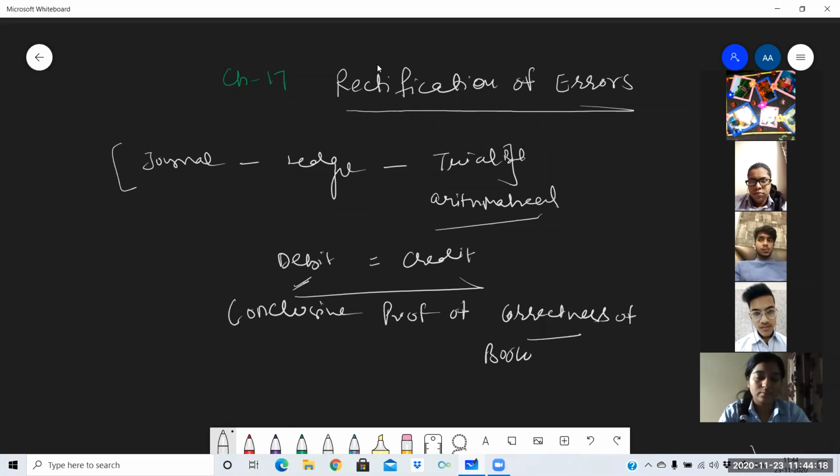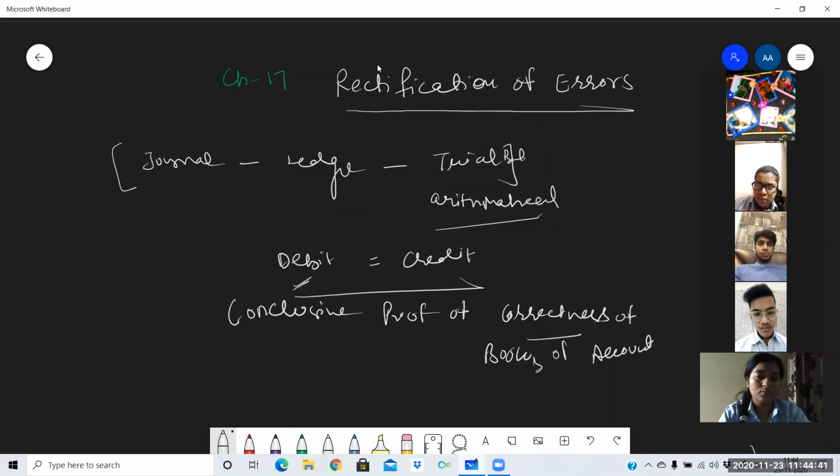So trial balance is not the conclusive proof of correctness of books of account. If the trial balance is not matching, then it's very easy to know that an error is there. It becomes difficult when the trial balance is matched but the errors are still there.